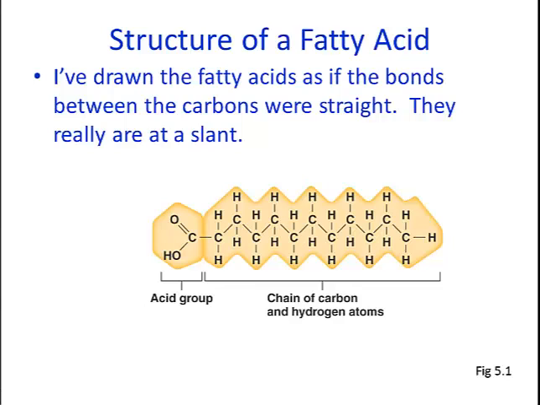So I want you to realize that my straight lines are really this that they show right here. Okay, that part right there, that's that straight line that I've been showing. And you can see all of these have single bonds. There's one bond in every spot. So it is a saturated fatty acid.